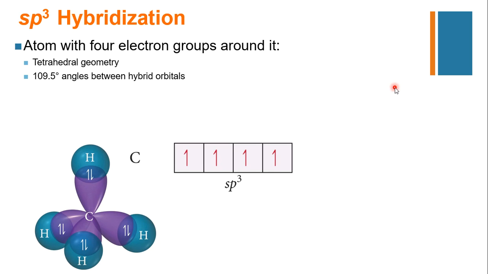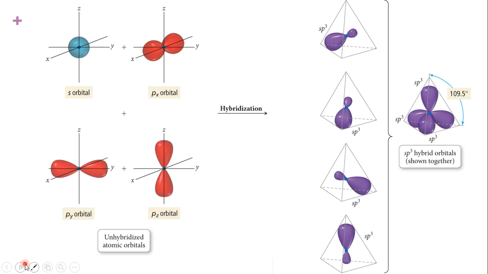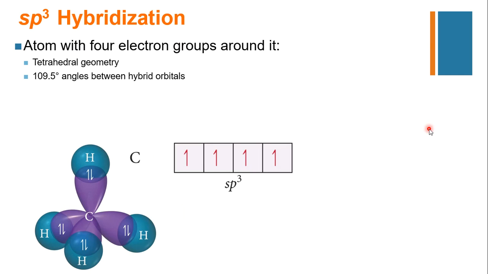So how did we get this name, sp3 hybridization? We got it from telling the viewer exactly what we put in. So I put in 1 s orbital, I put in 3 p orbitals, and I get sp3 hybridization. So it's just literally telling the viewer what you put in to get that. Okay, so sp3 hybridization.